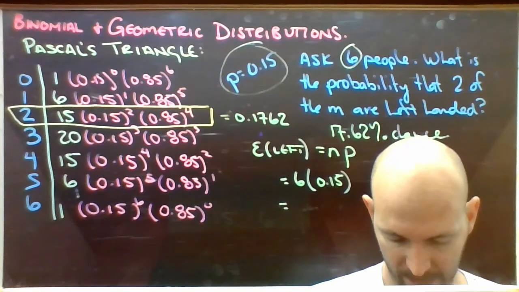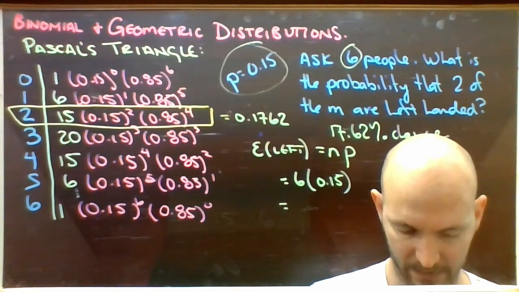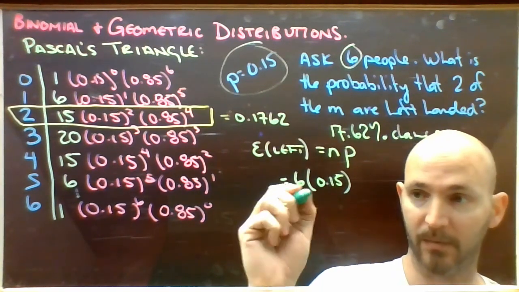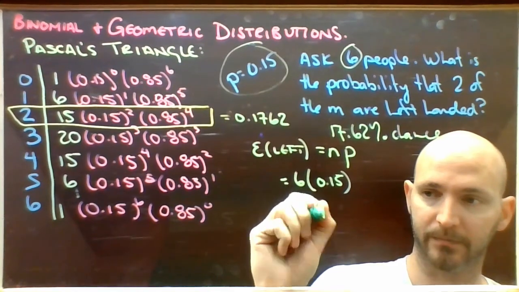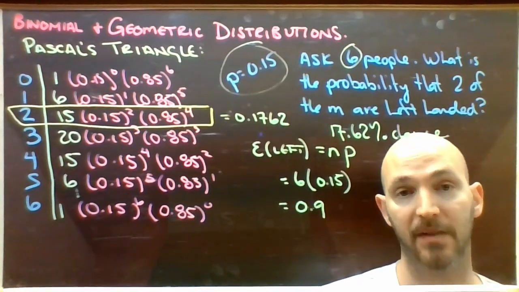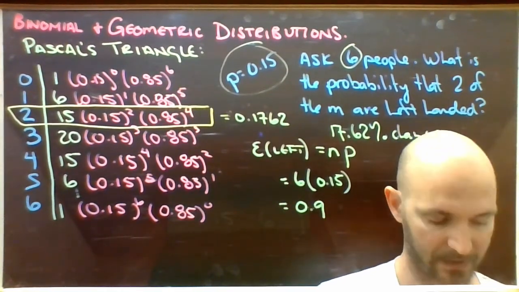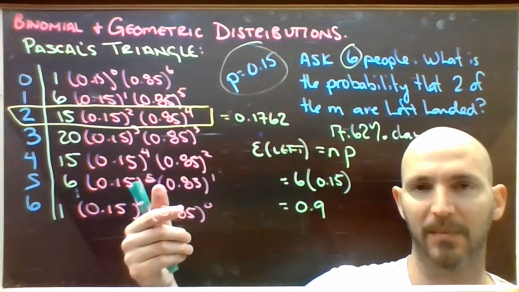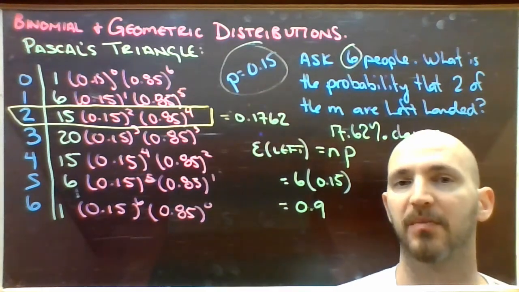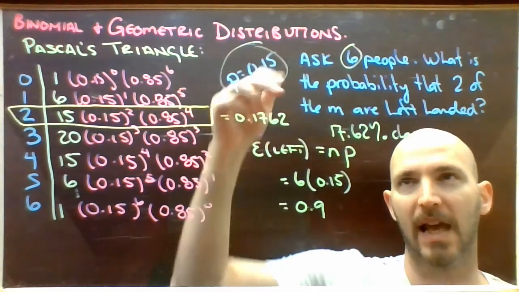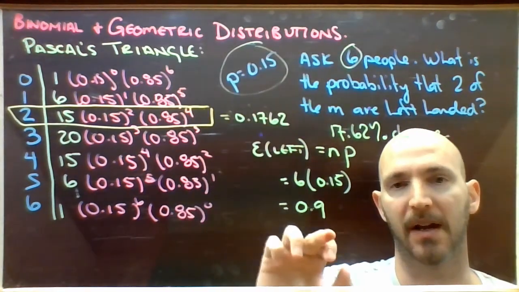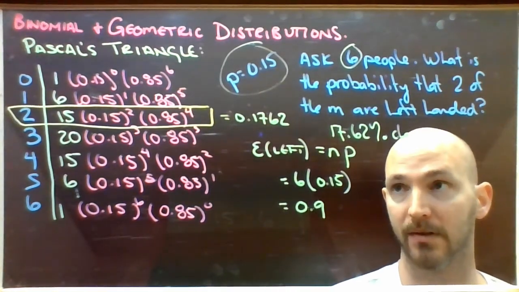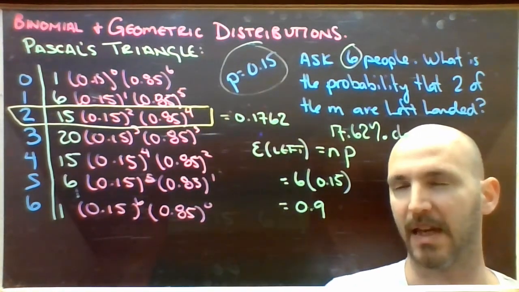So 6 times 0.15 is 0.9. So I would expect to find 0.9 of a person who's left-handed. And again, we're not supposed to be using this on groups of 6. We're supposed to be using it on groups of 6,000. So out of 6,000, you would expect to find 900 left-handers. But this is just the mechanics of how it works.